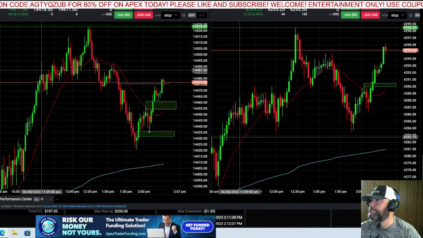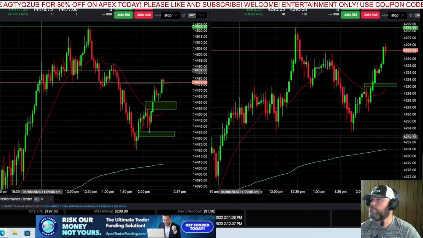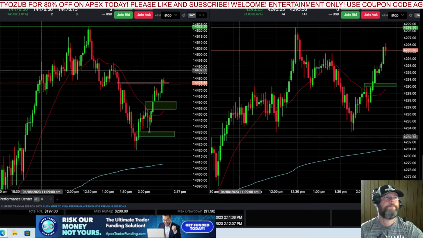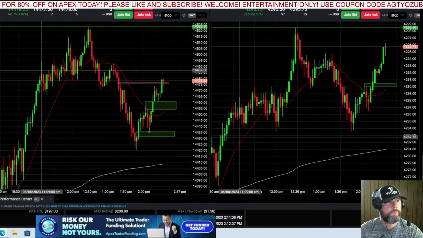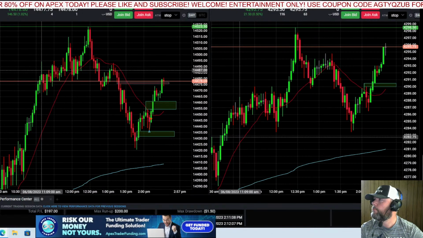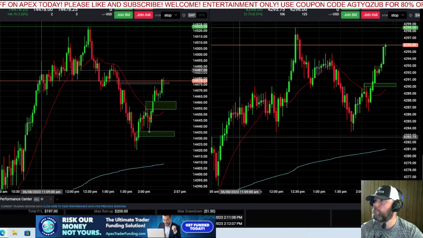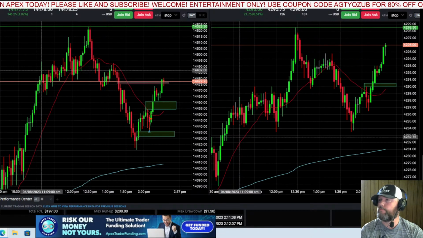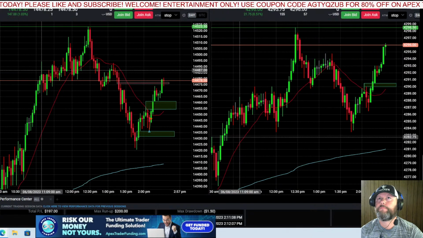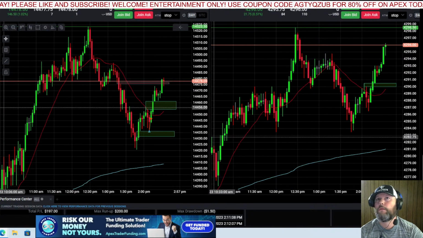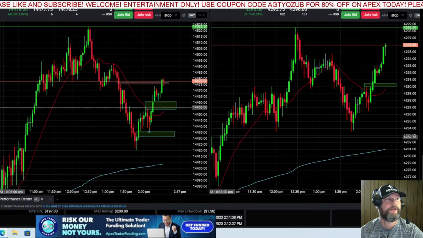Let's see what we get. ES trying to approach the high of day here at 98.50. Got that pivot point there at 96 to be aware of.